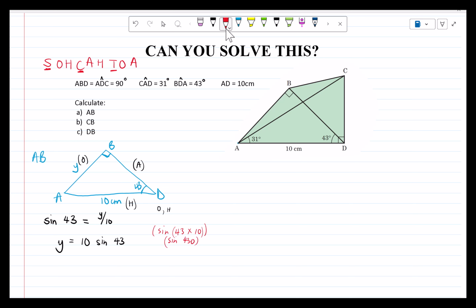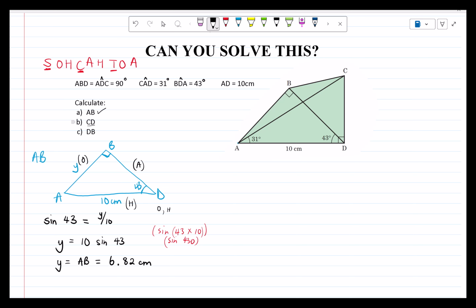So you will get a wrong answer if you put it like this. And another thing, remember to set your calculator to degrees. So moving on, we have got Y is equal to 10 sine 43, giving us our Y, which is also equal to our AB, and rounding it off to 3 significant figures, we get our answer as 6.82 centimeters. That is the length of AB.